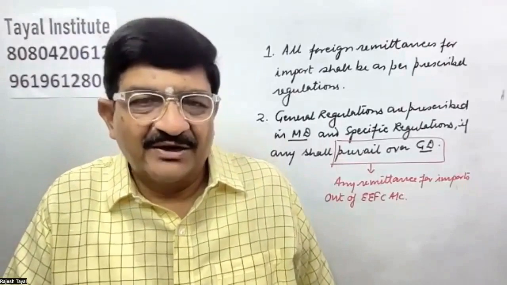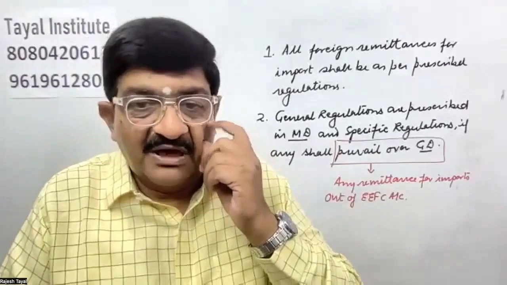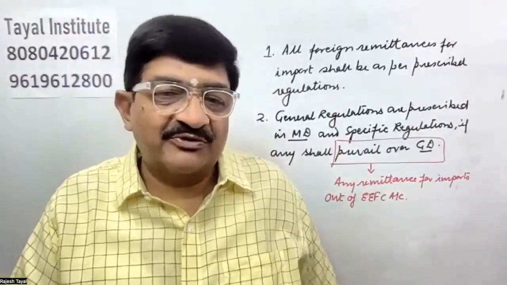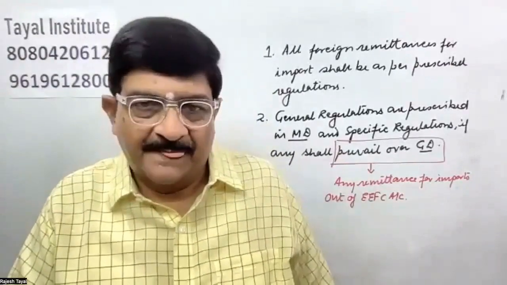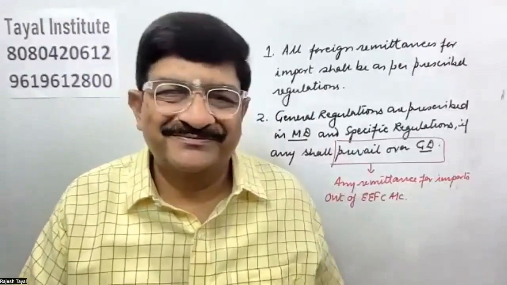Like if you happen to receive an advance for export, how much time is available for fulfilling the export commitment? 1 year. Right? In case of import, it is the other way around.